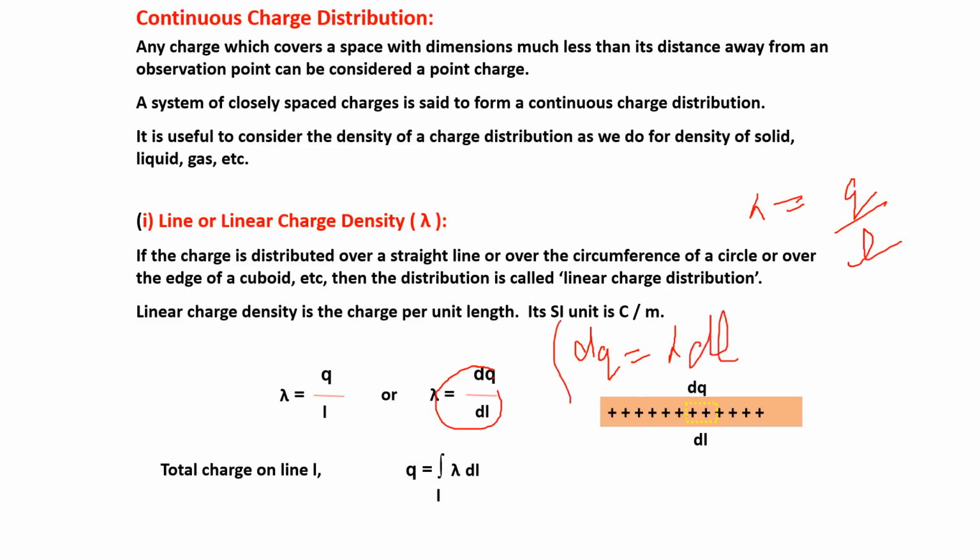Now surface charge distribution. If the charge is distributed over a surface area, then the distribution is called surface charge distribution. Its unit is Coulomb per meter square. Sigma is written as charge upon area, so Coulomb upon meter square.